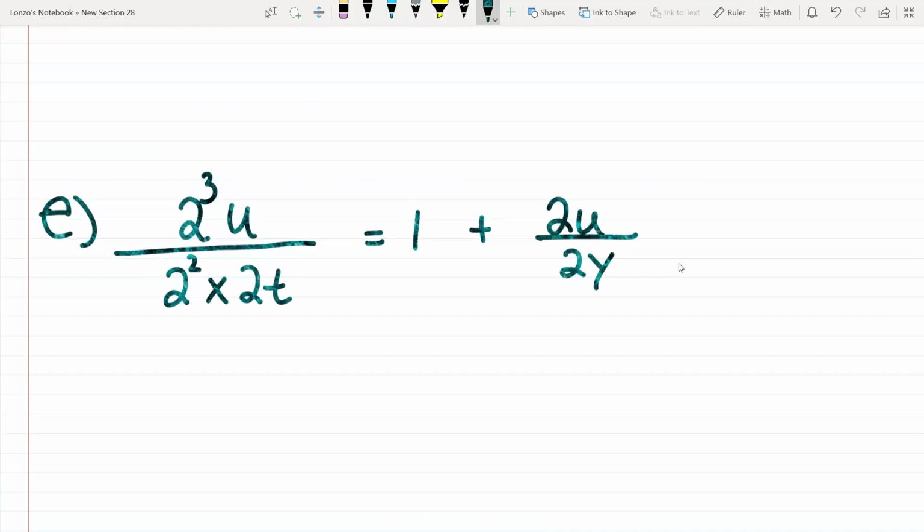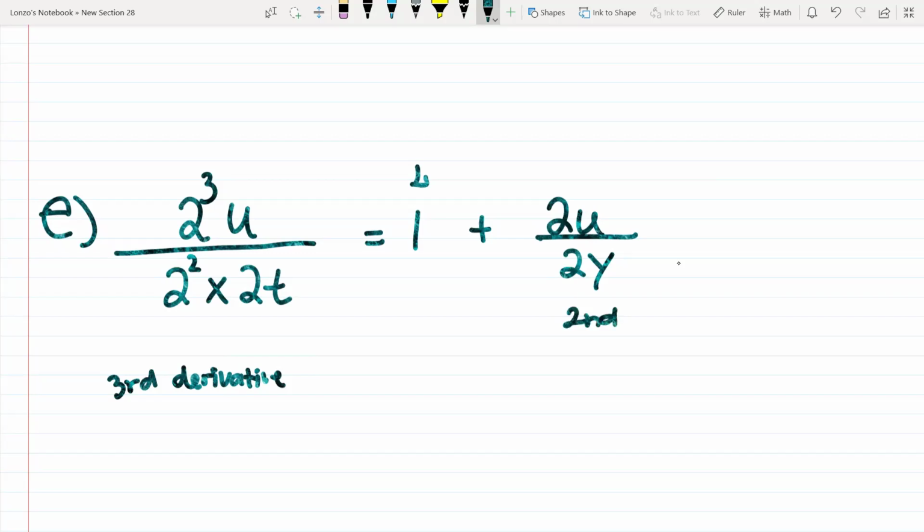Okay, what about E? So this d cubed u over dx cubed, that is the third derivative. One is a constant. This is the second derivative, I believe.